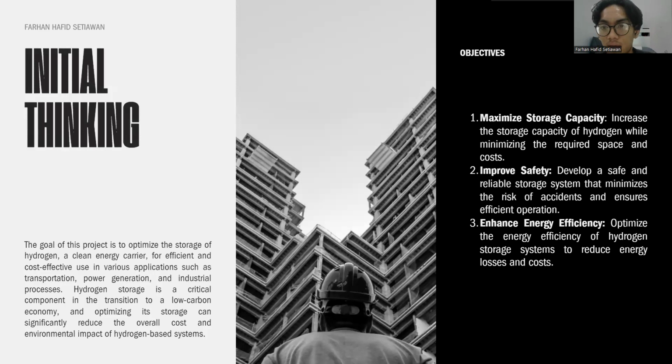Secondly, improve safety by developing a safe and reliable storage system that minimizes the risk of accidents and ensures efficient operations. And last, enhance energy efficiency: optimize the energy efficiency of the hydrogen storage system to reduce energy loss and costs.